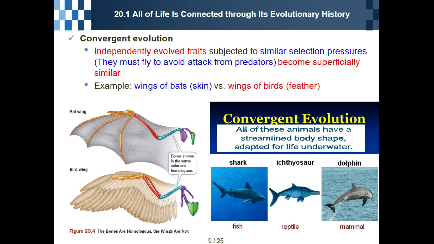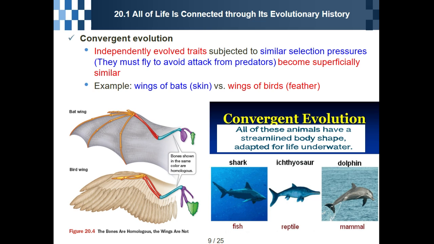So this is the bat wing, like this, and this is the bird's wing. The bat wing is composed of skin. However, the bird's wing is composed of feathers. They are different.